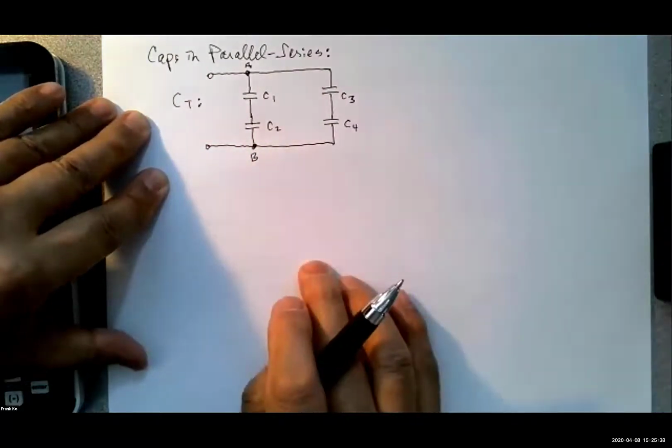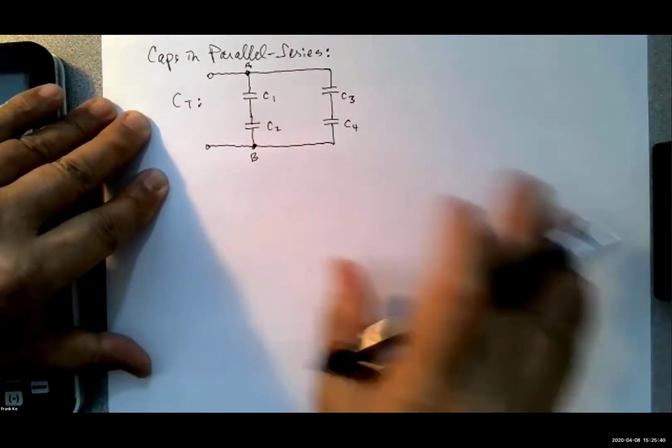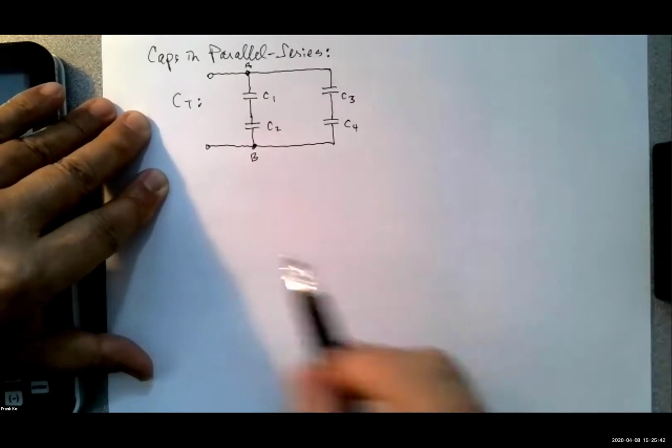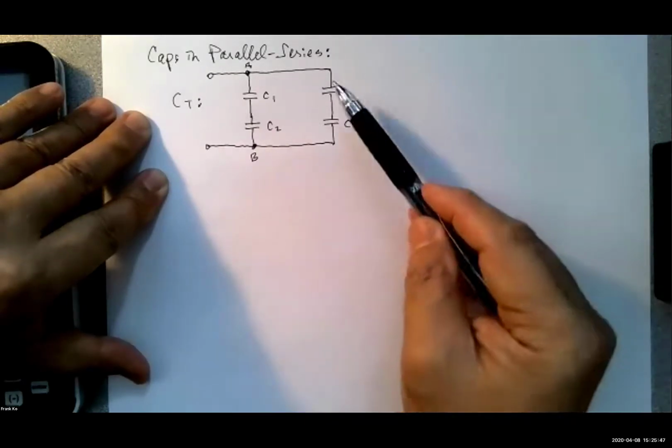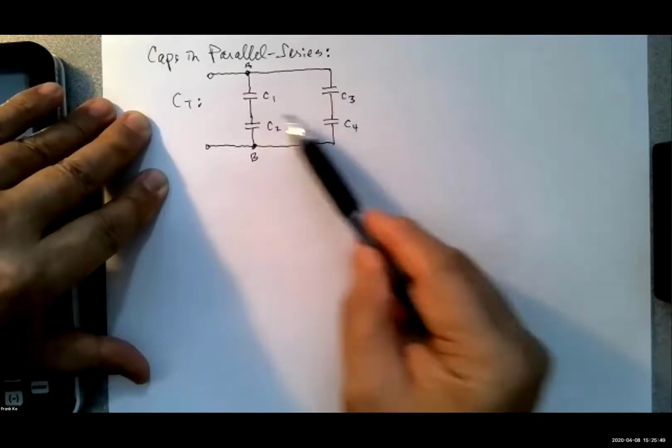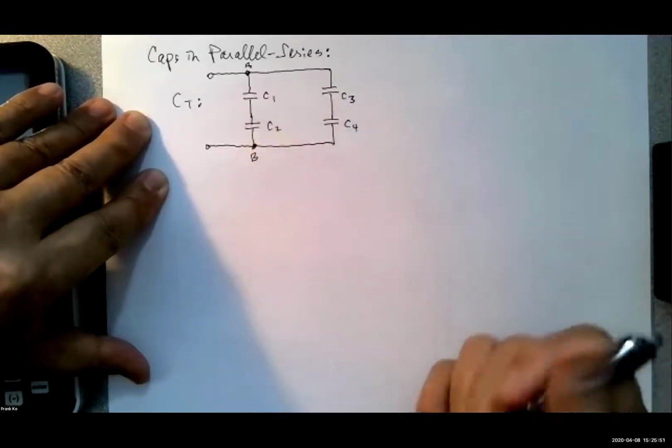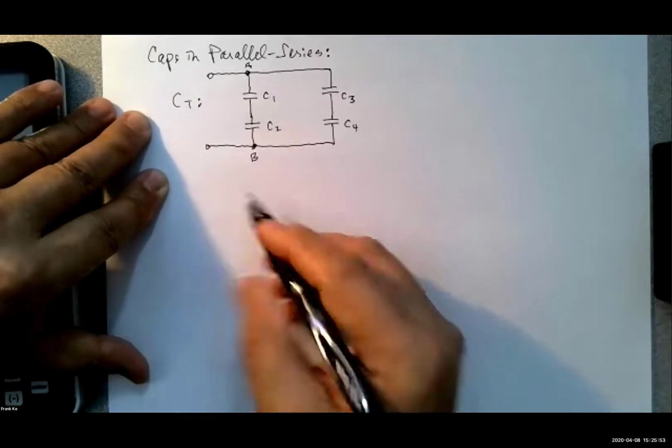Okay. So if you were to see this, is this a parallel series circuit? Fundamentally, do we have series components here and series components here that will allow us to simplify?